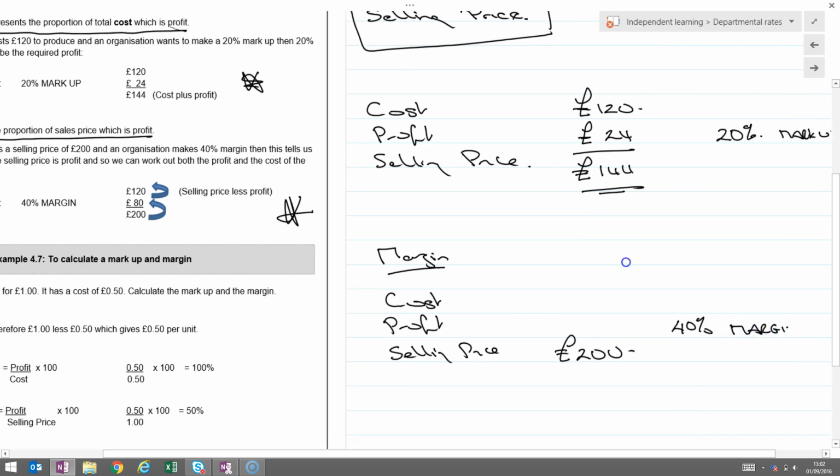So that tells us that 40% of our selling price is profit. So 40% of 200 is £80. So therefore, if we work backwards, we know we're selling it for 200. That includes an £80 profit. So take the profit away, and that tells us that the product cost us £120.